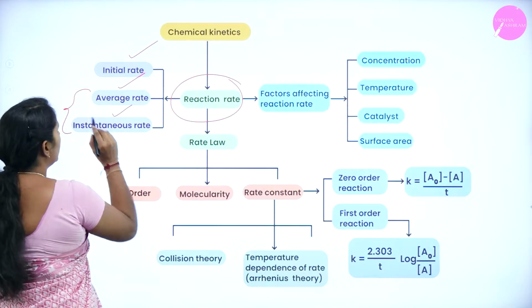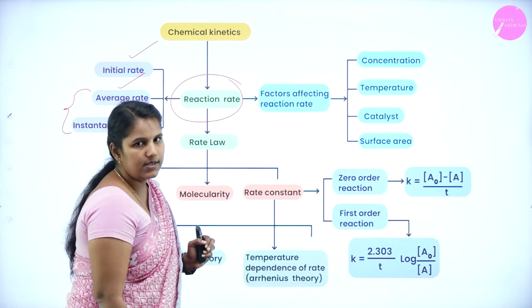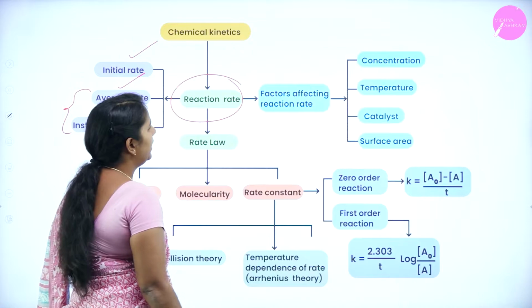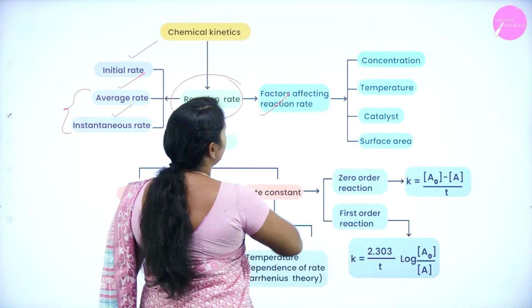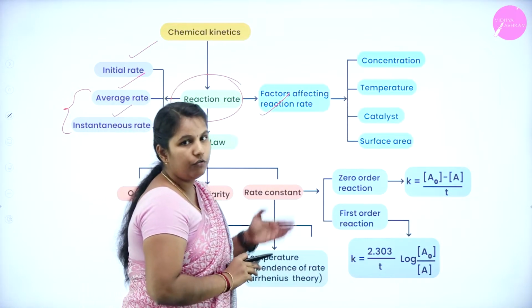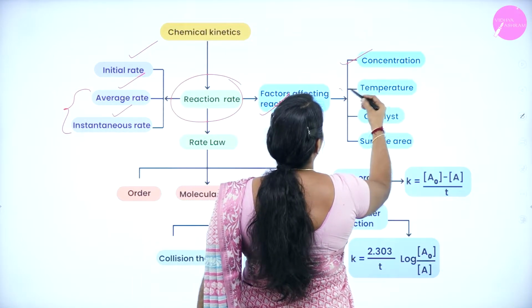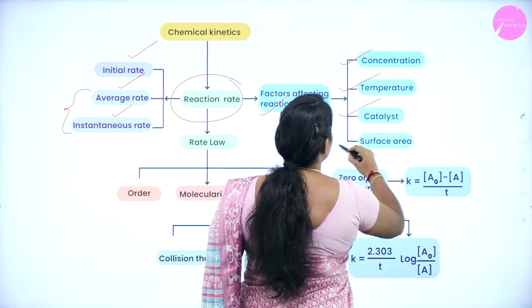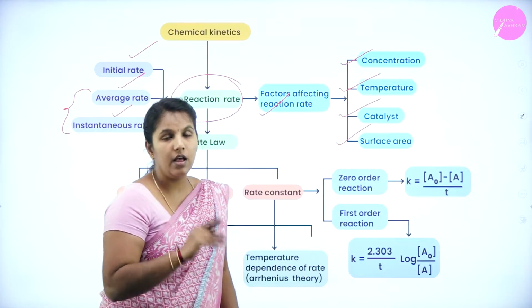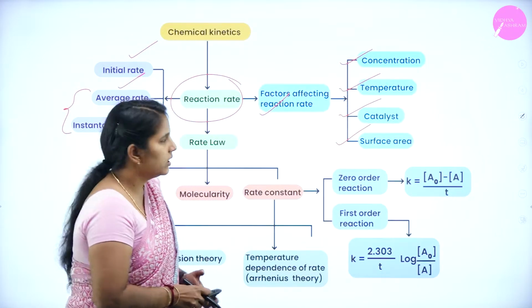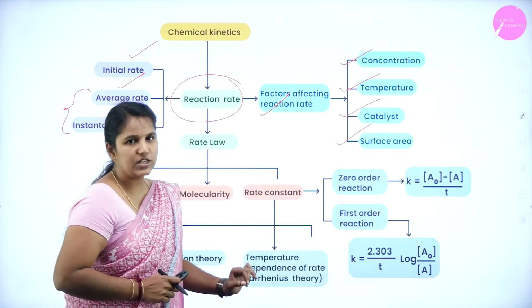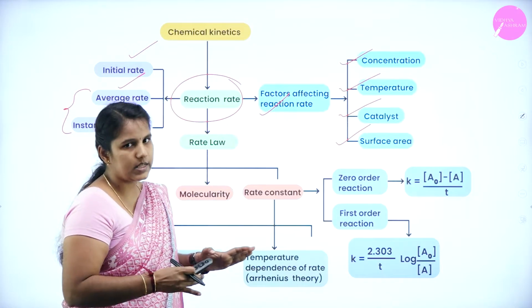Only these two you are going to understand in this unit. Again, there are 4 different factors affecting the reaction rate: concentration, temperature, catalyst and surface area. How all these factors affect the reaction rate, we are also going to discuss.